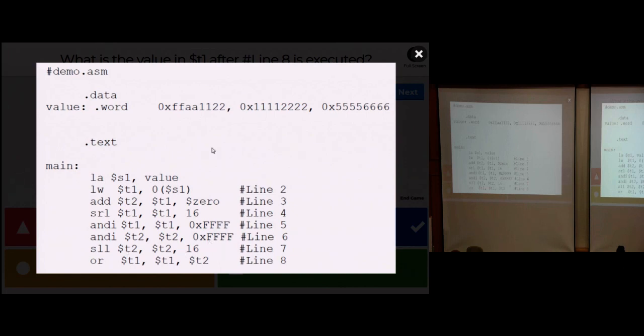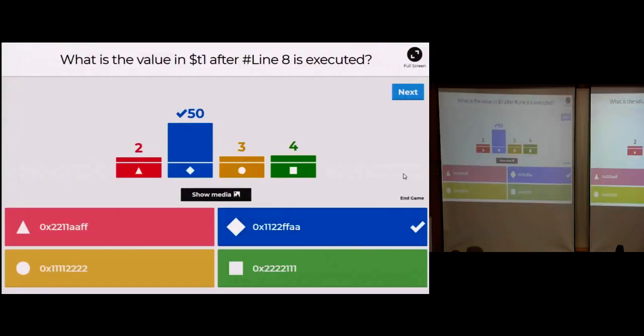Then I shift left by 16, so the 1122 will come to the upper half, correct? Then I do an OR operation. Effectively, I'm flipping around the lower 4 hex and the upper 4 hex from the original data. That is what the whole code is trying to do.